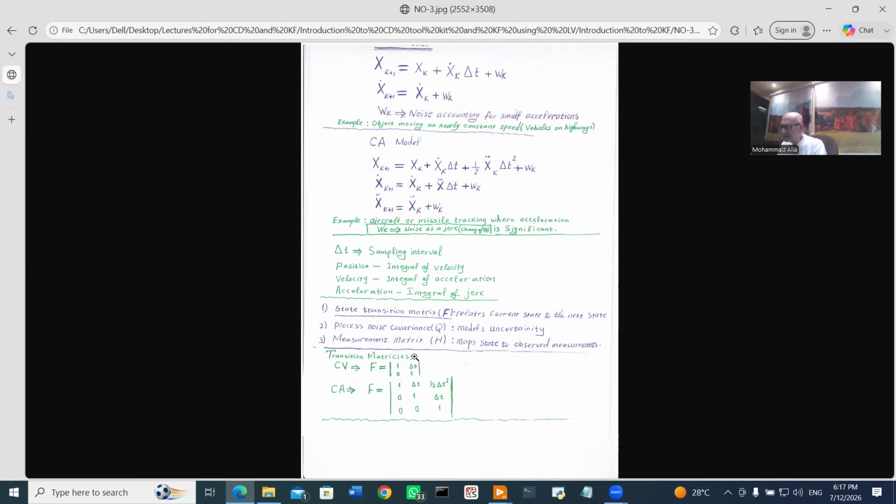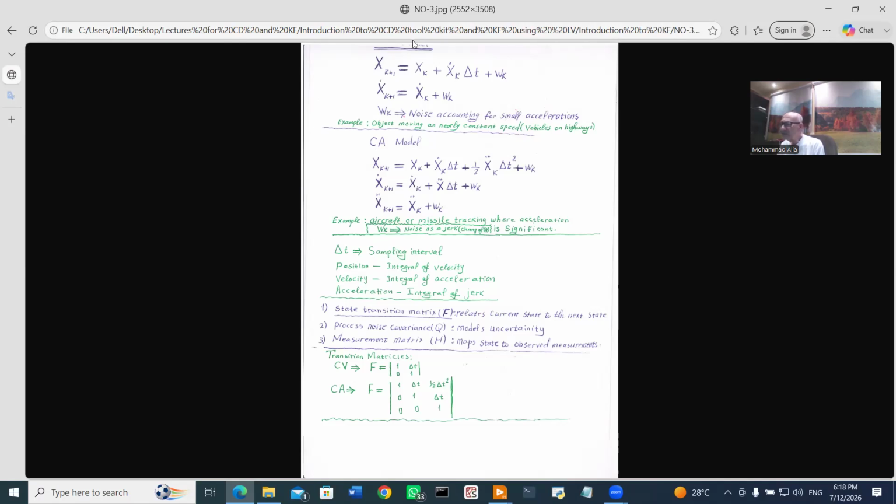So the matrix A or F, it is also called F. By LabVIEW, it is called phi. Anyhow, it is equal to 1 delta t 0, 1. This is the transition matrix, and this transition matrix is taken from the transition equation of the states.